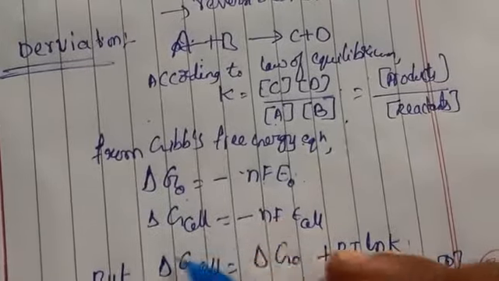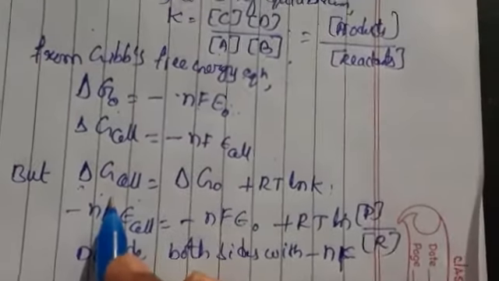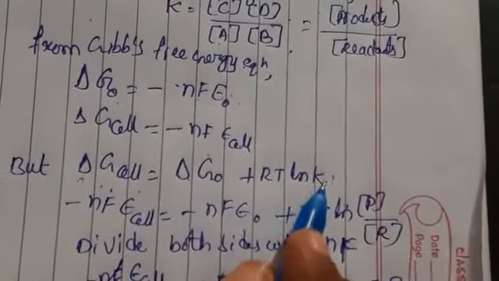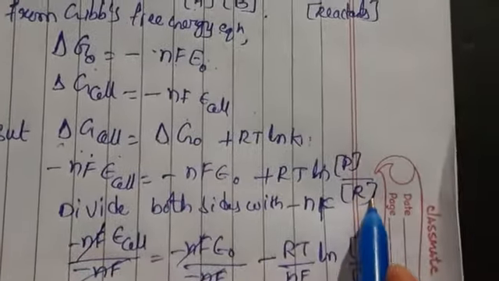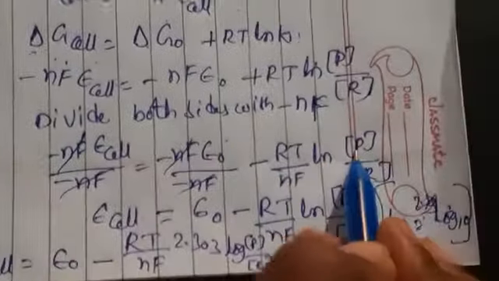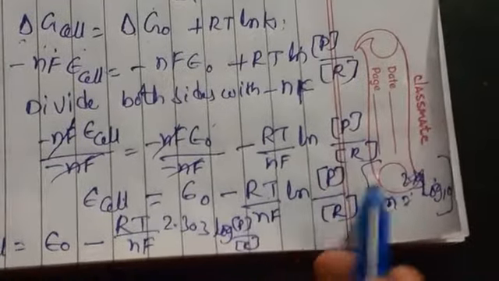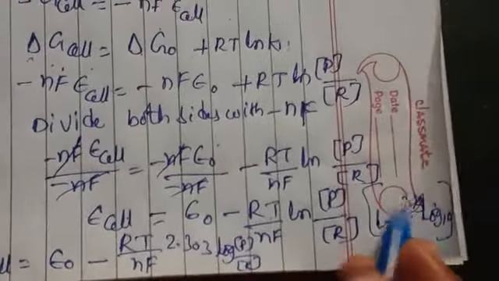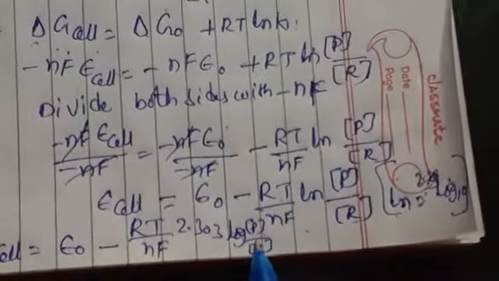If you take cell potential and combine these two equations, we know that delta G cell equals delta G naught plus RT log K. By substituting these values and dividing with minus nF, we get E cell; ln is nothing but 2.303 log to the base 10 of products per reactants.